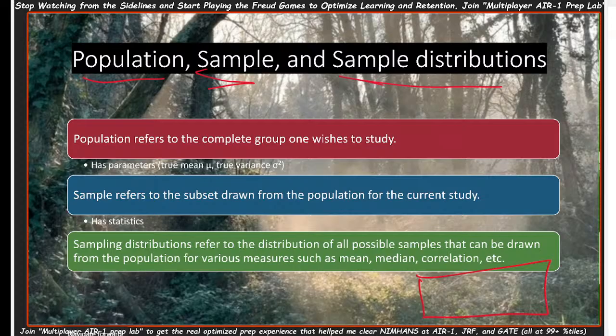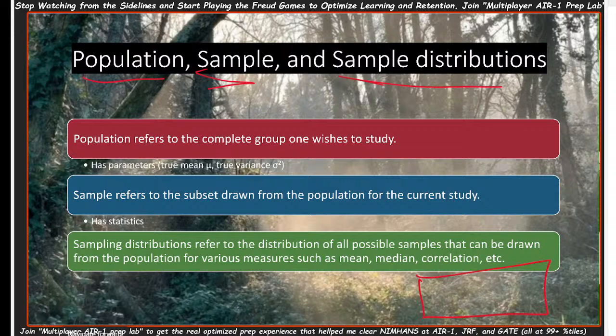So if you say I want to study depression in the Indian population, so Indian people having depression becomes your inclusion criteria for your sample, but that is also your population, right? So from this population, whatever you include in your study becomes your sample.